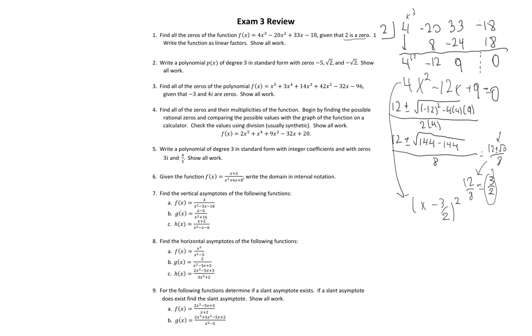So, going back to this, find all the zeros of the function, and then write the function as linear factors. We already have one that we knew. We can write this factor as x minus 2, and we have these.